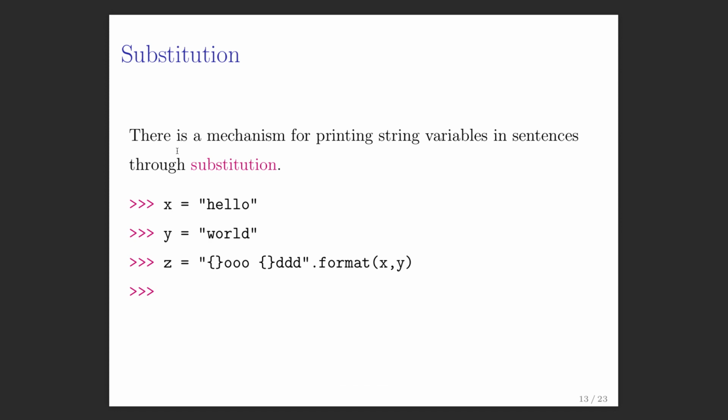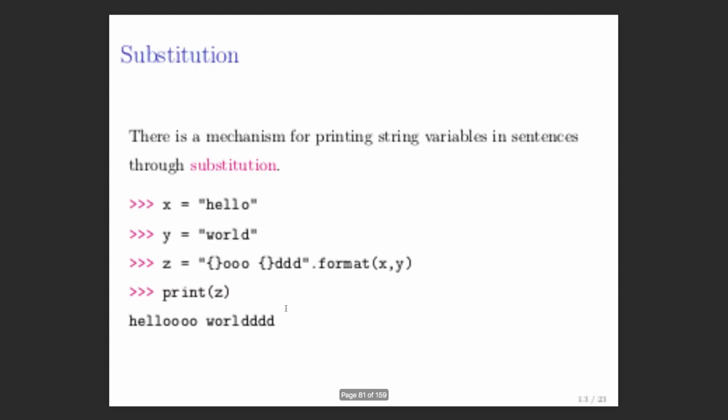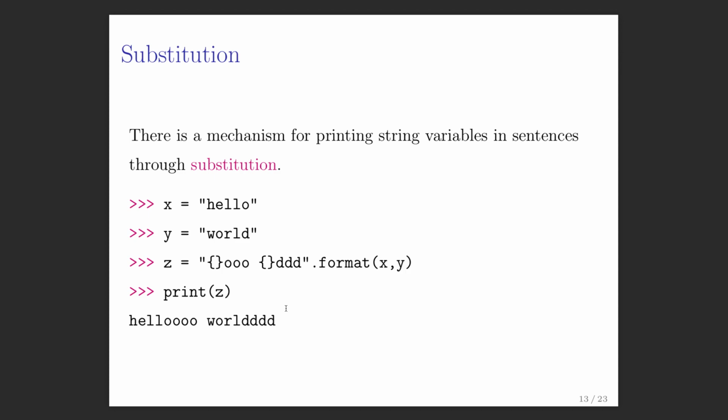And then I set z to this funny looking string, right? So if you use these curly braces like this, what this is telling Python to do, so I'll run left to right and it will find this and it will say, oh, I should put x in there. Then it will print this, and then it will go here, and then it'll say, oh, I should print y in there. So if I print z, it's going to end up printing the string hello world, right?